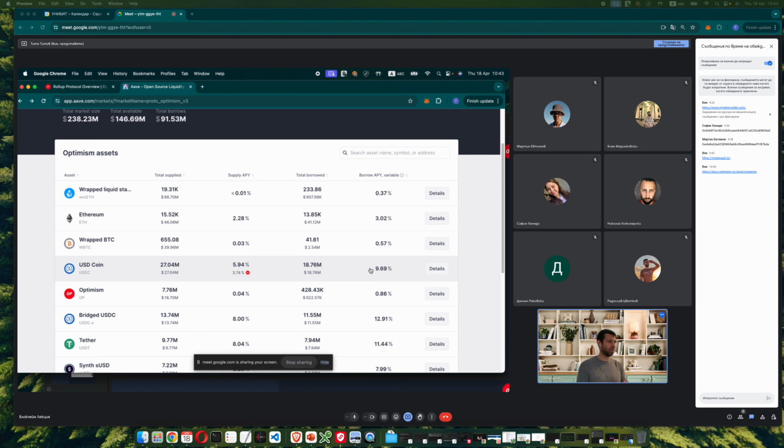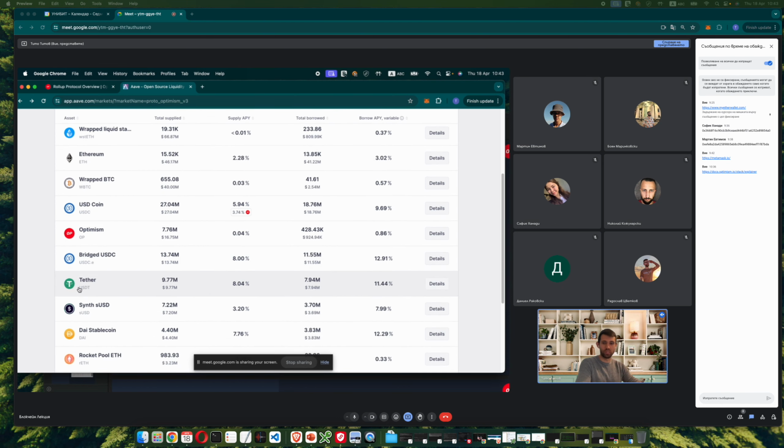I'm not put in a situation where I lock my funds and I cannot use them for the next 1 year. So it gives, first of all, higher yield, and it gives you more flexibility. You can withdraw your funds whenever you want. So I think in this particular case, it is much better than a typical bank deposit.